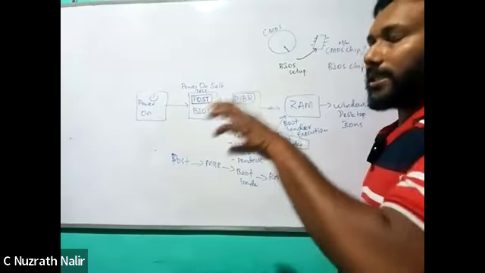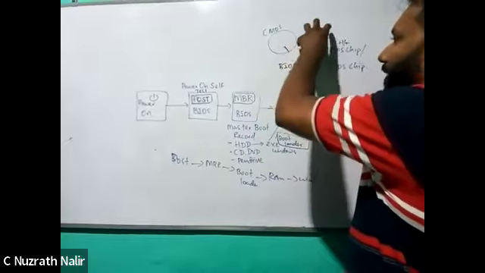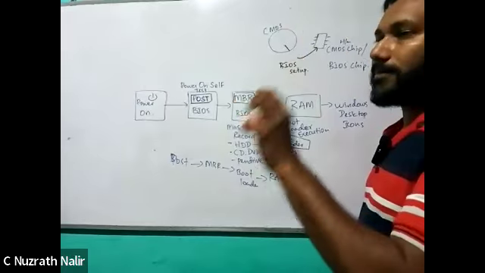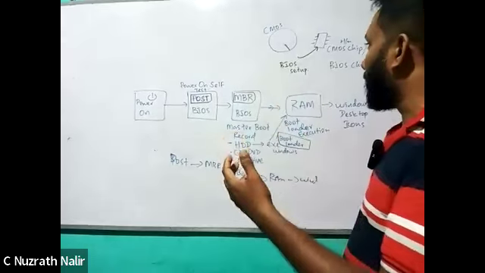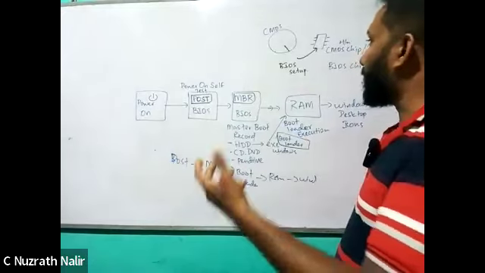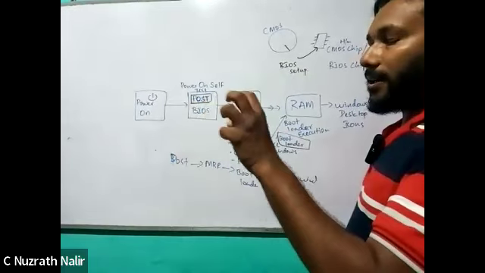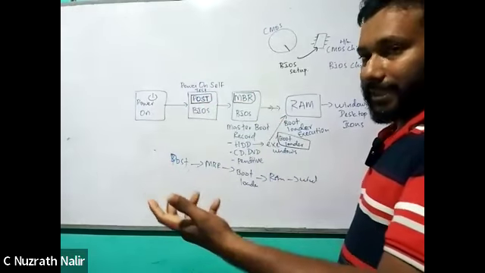Let's just assume, according to the GCE O-level syllabus, don't think like that, just ROM. It's a ROM, read only memory. There is no option to load, you can't erase it, you can't format it. Read only memory means you can only read, you can't write.